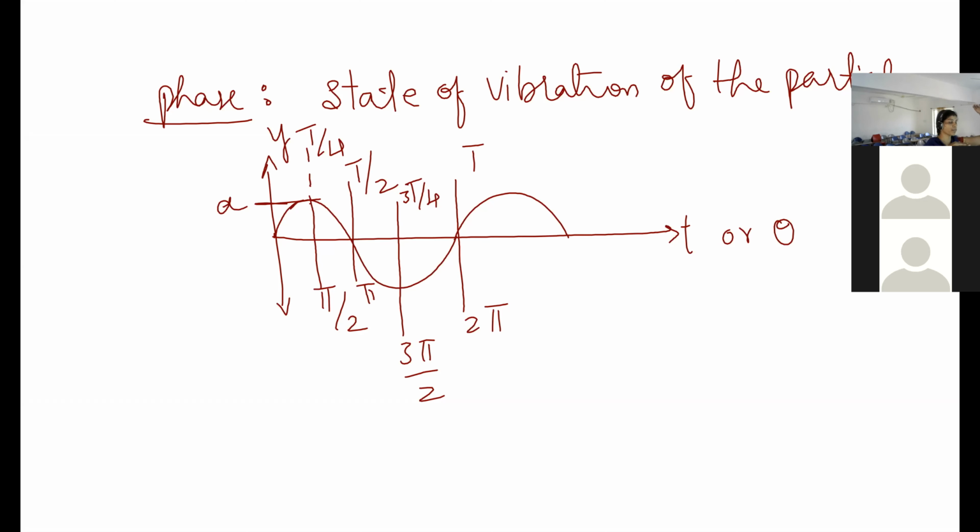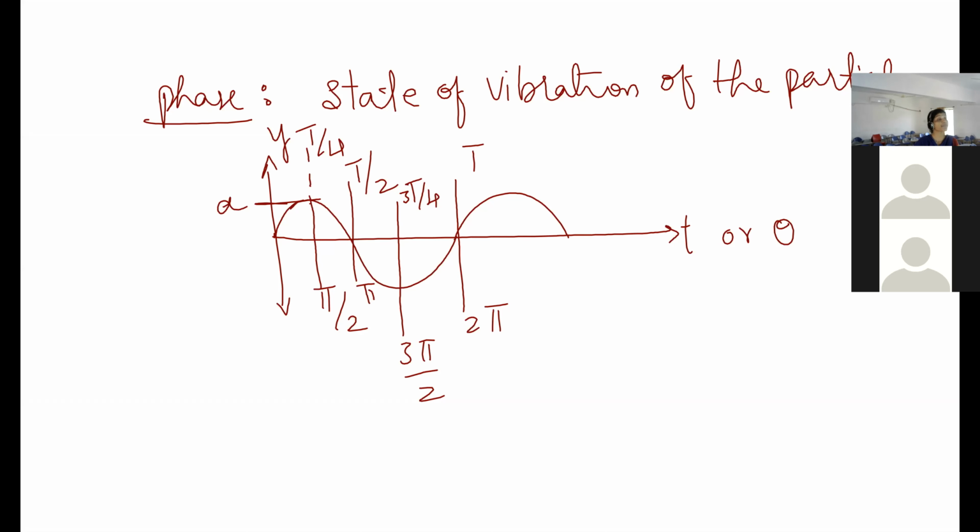The upper part we call the crest, and the lower part we call the trough. In one complete wave, the time is divided into T by 4, T by 2, 3T by 4, and T.